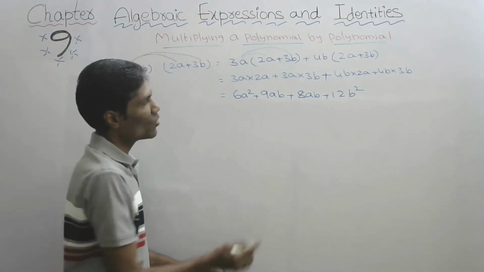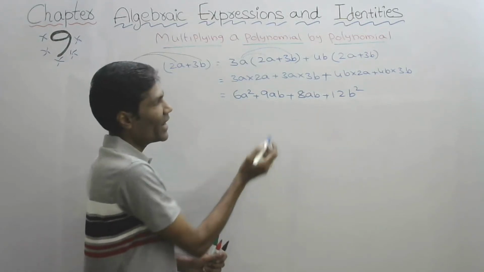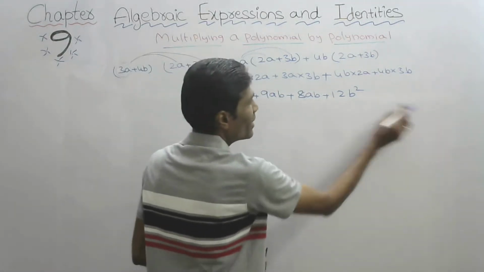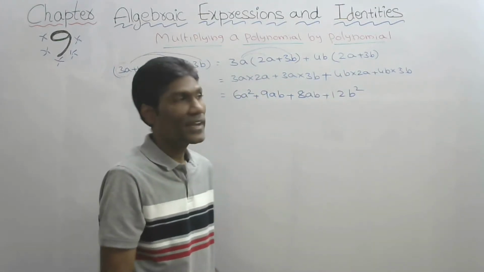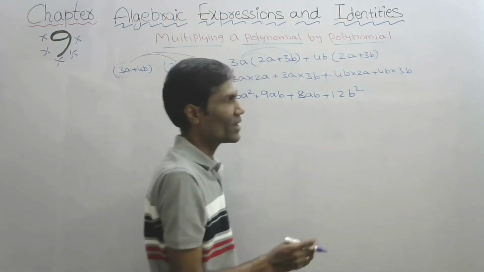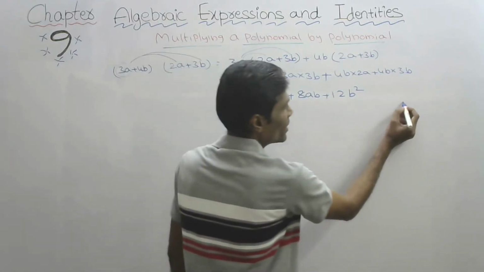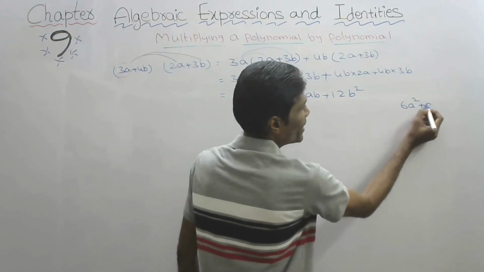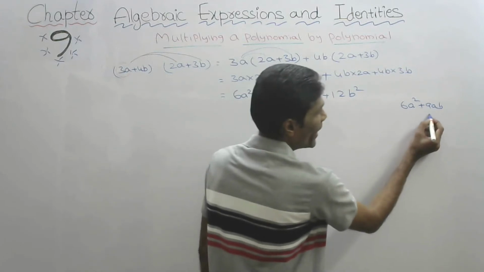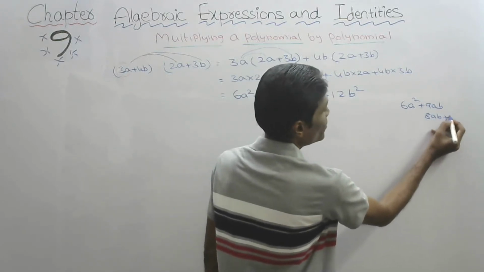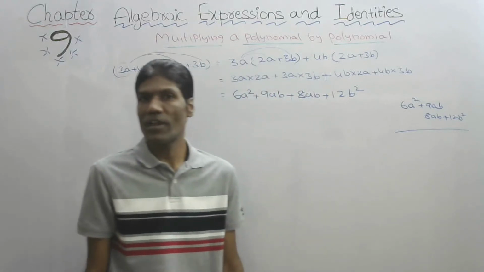What we are going to do is add these. While adding, we write one below the other. That is 6a square plus 9ab, we write here. Next 8ab plus 12b square, we write below, and we are adding.